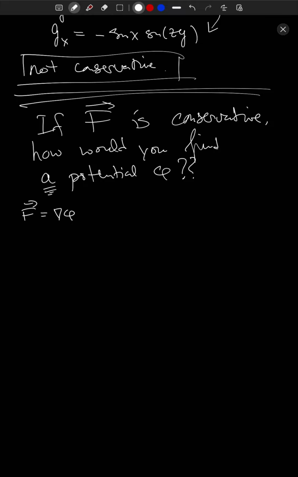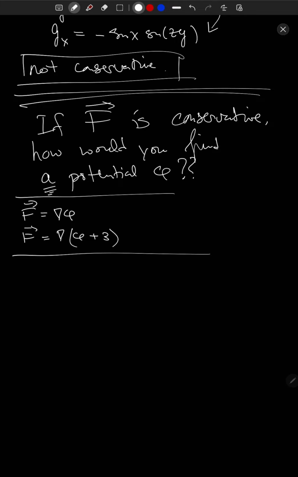If I know F is gradient phi, then F is also the gradient of phi plus a constant, because when I take the gradient of a constant, I get 0. So just a small note, you always have an infinite number of potential functions if you have one. But normally we only need one. As long as we can find one, we're really happy.